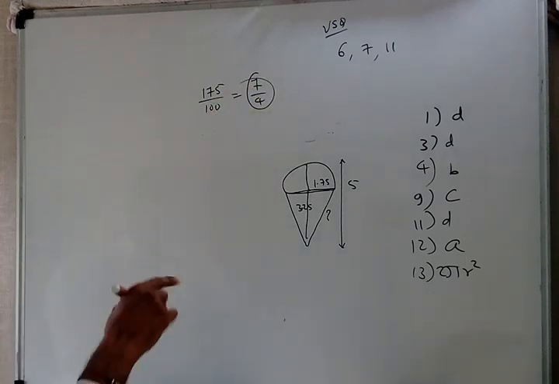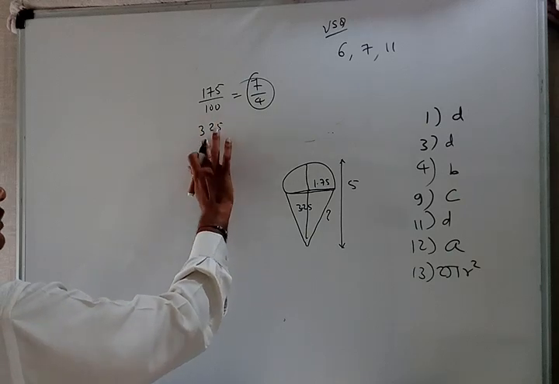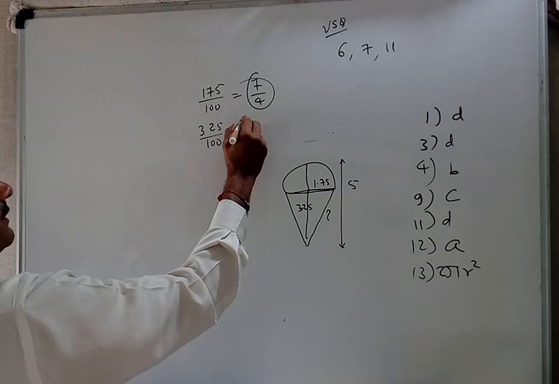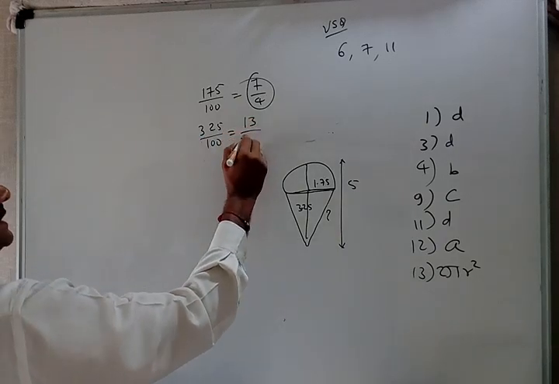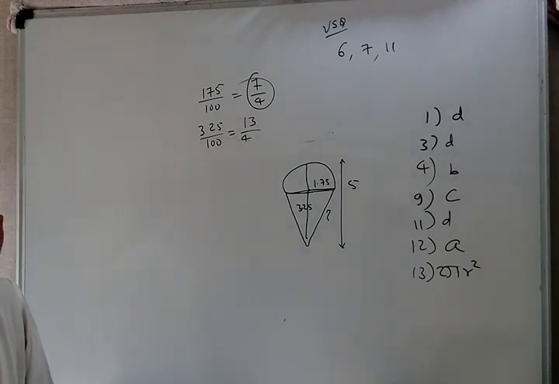And 3.25 is 325 upon 100, which is 13 by 4.